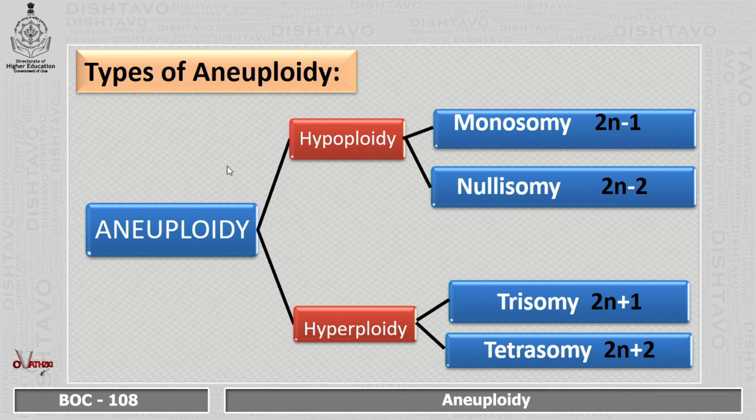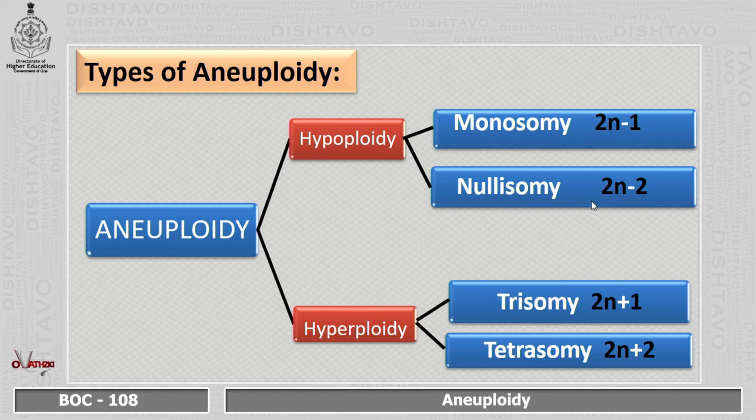So, we learnt this. Now, we are going to learn the types of aneuploidy under hypoploidy. Hypoploidy, we see there are two types. Monosomy, where one entire chromosome is lacking in the set 2N. Depending on them, there are different syndromes that are formed or caused.